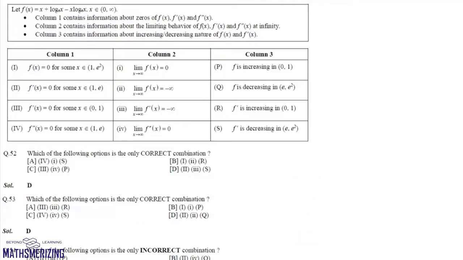Now here the question is, we are given a function f(x) which is x plus log x minus x log x for x belongs to 0 to infinity, and then we are given 3 columns. Now first question is, which of the following options is the only correct combination? Now we look at this option. Now this second one is f'(x) is 0 for some x belongs to 1 to e.